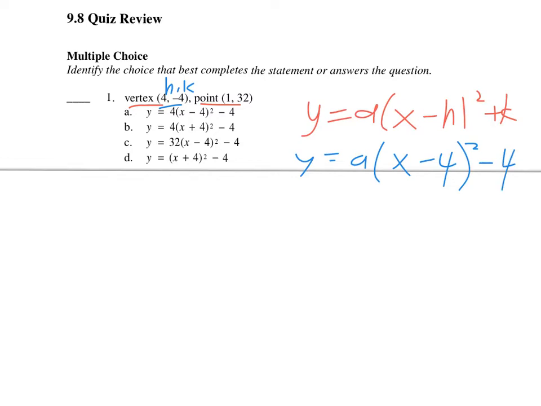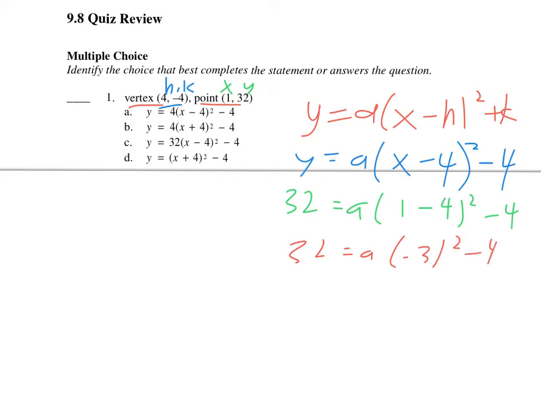To find out what a is, we need to use this other point as x comma y. I'm going to plug 1 in for x and 32 in for y. Now I need to solve for a, so I'll do some PEMDAS. I have negative 3 squared minus 4, and then we get 32 equals 9a minus 4.